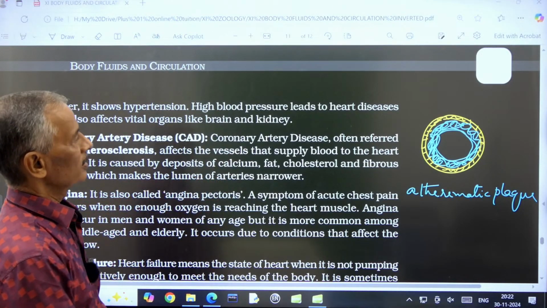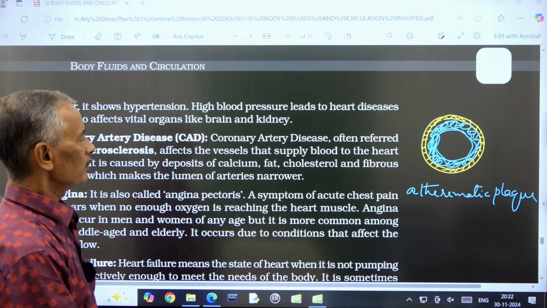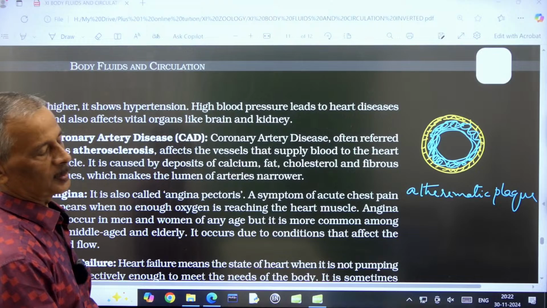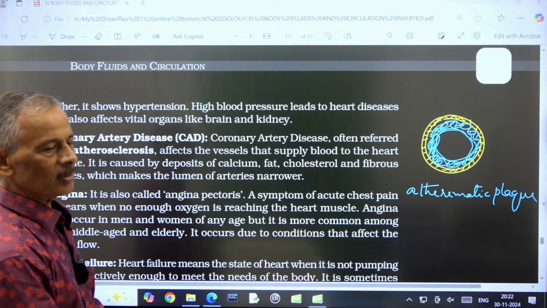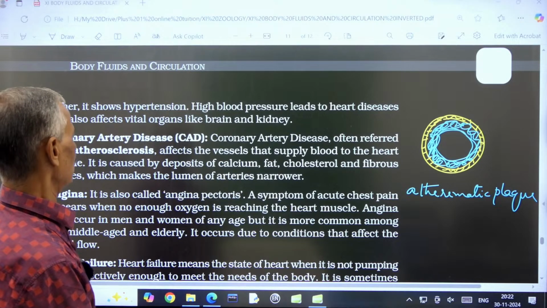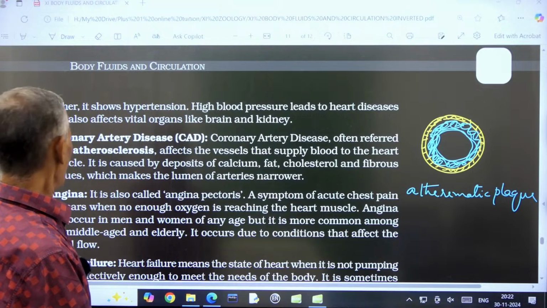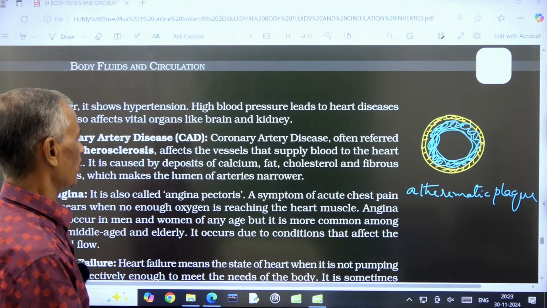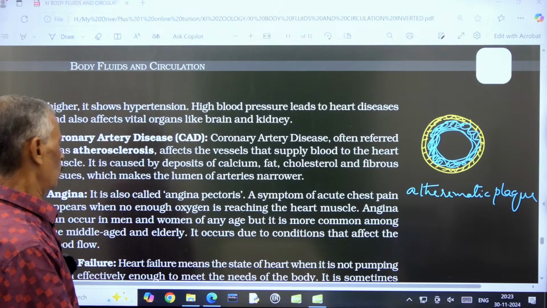Coronary artery disease is the main reason why oxygen availability to the coronary muscles is very much reduced. It occurs due to a condition that affects the blood flow.